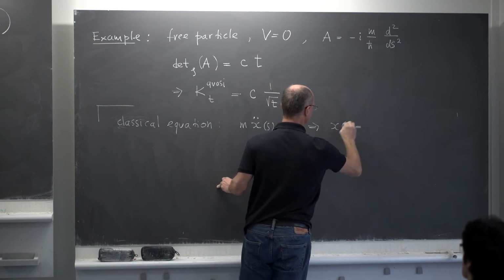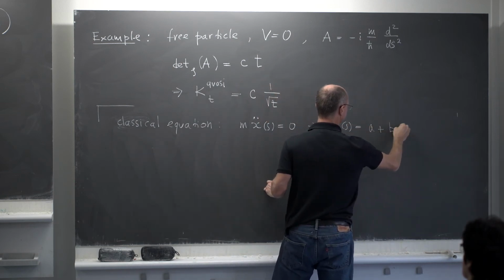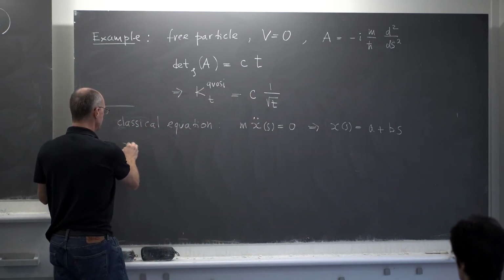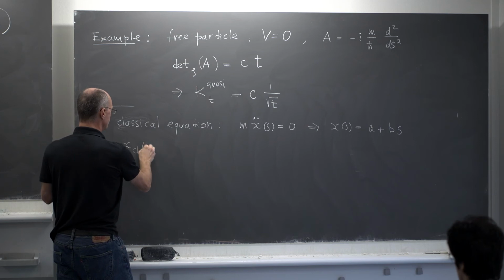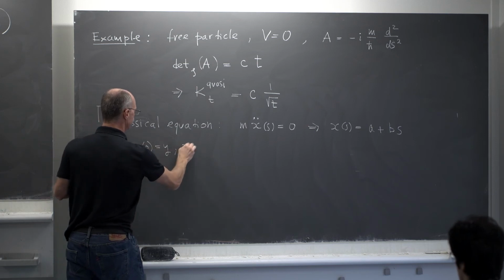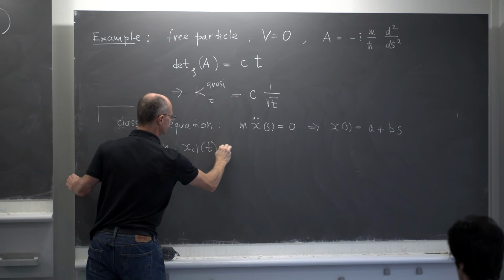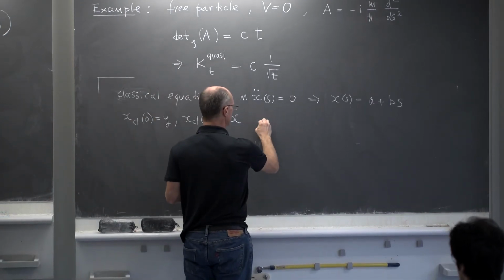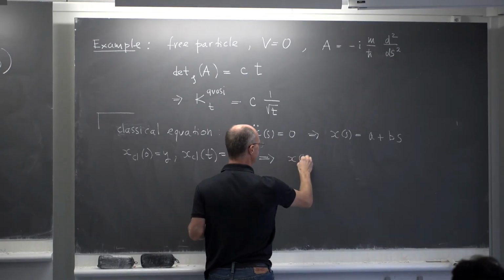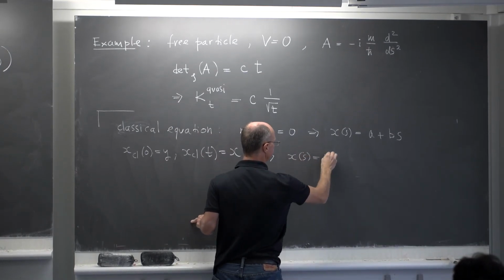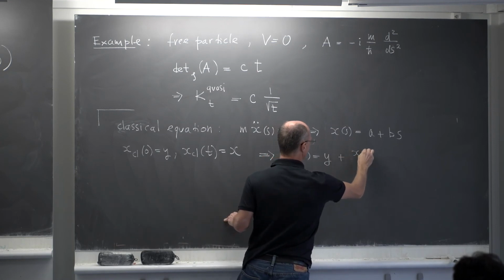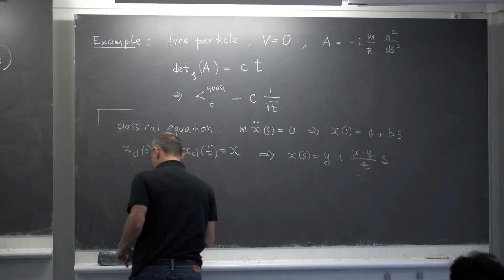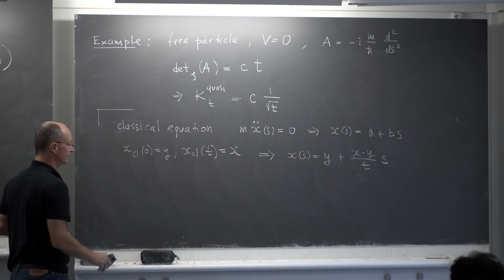So x of s is equal to a plus bs. Well, we impose the conditions that x classical of 0 is y, x classical of t is x. So then this implies x of s is equal to what? y plus (x minus y) over t times s, right? So now we're kind of back to the elementary school.